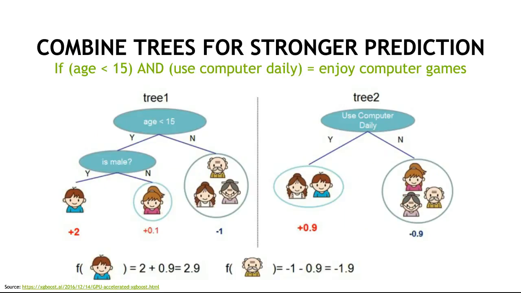This tree is only 1 level deep and splits the sample based on 1 feature, daily computer use. Like the last tree, the single tree assigns a prediction score to each observation. At the bottom of the slide, we can see that when we make a prediction now, we add the scores an observation is assigned by each individual tree.